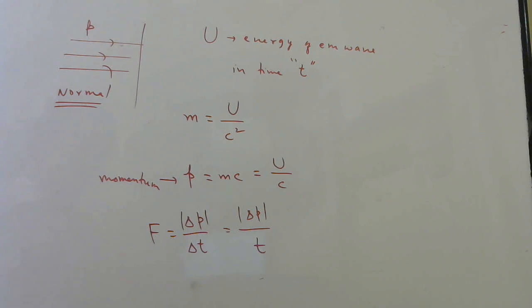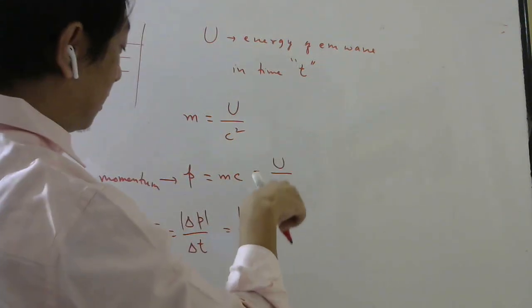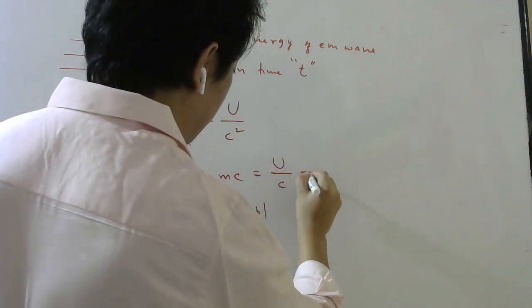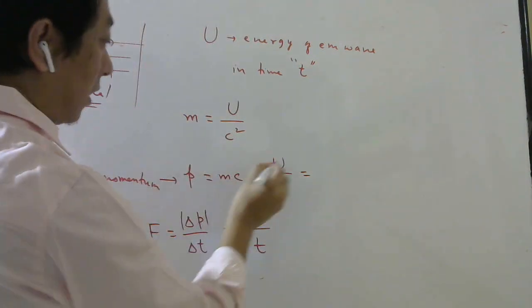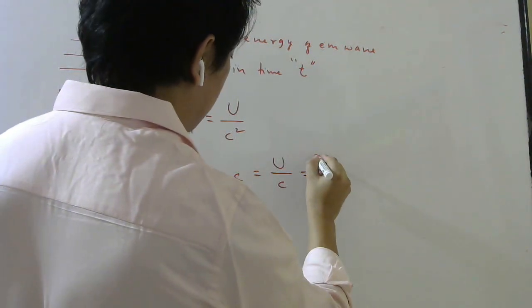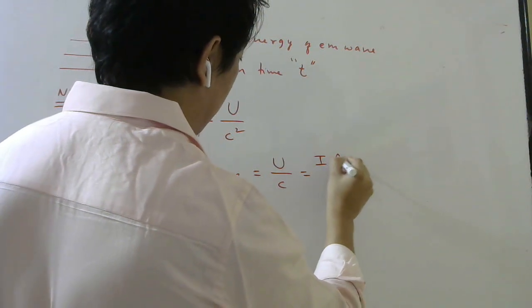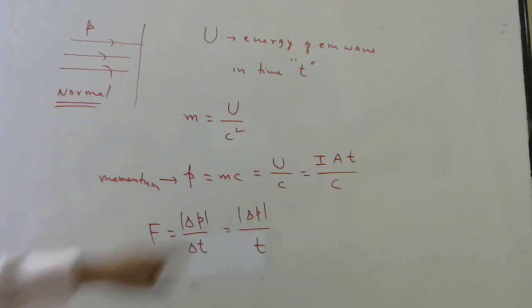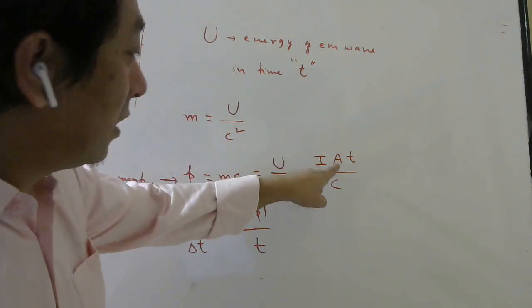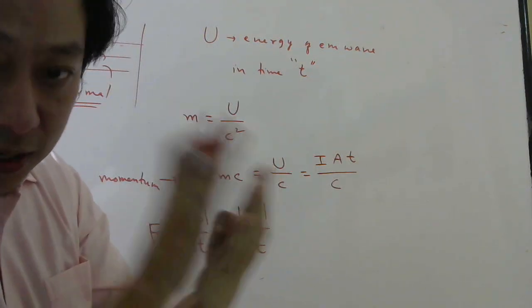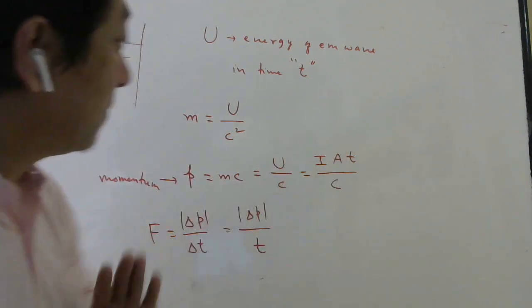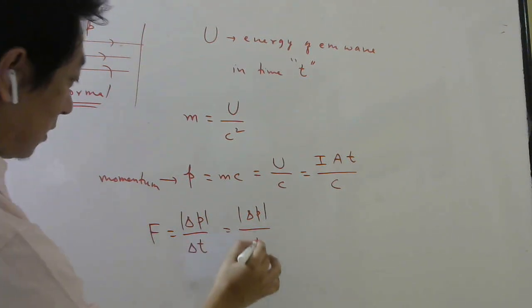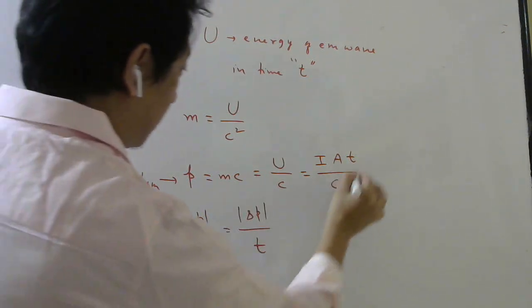And since they want the answer in terms of intensity, I can write energy as intensity into area on which the radiation is falling into time. So let me keep it this much here.